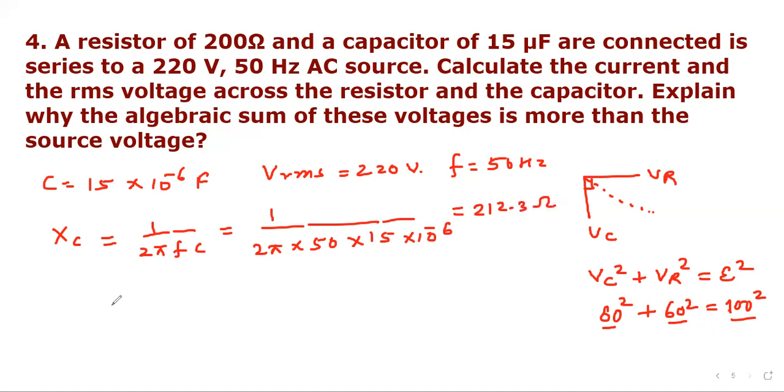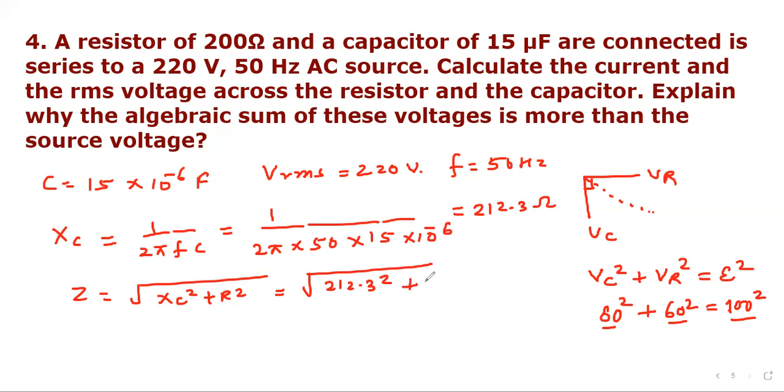Now we try to find out impedance Z equal to root of XC square plus R square. So the root of XC is 212.3 square plus resistance. Here resistance is given as 200 ohm, 200 square.